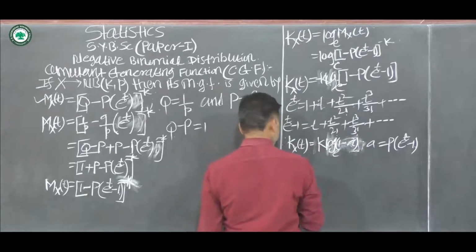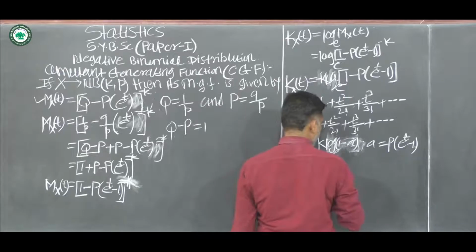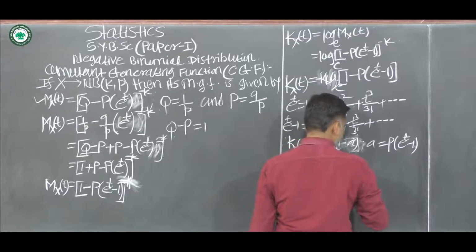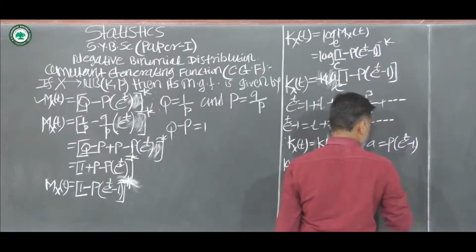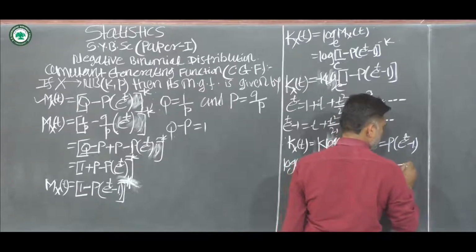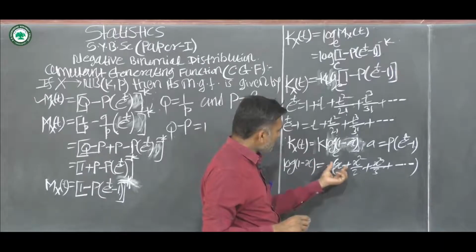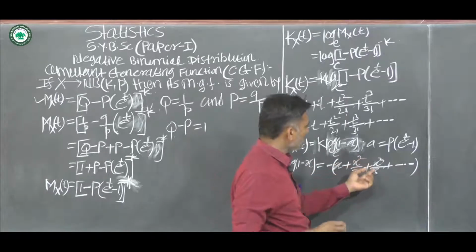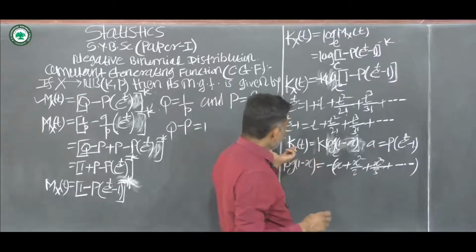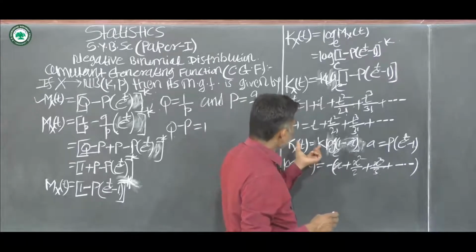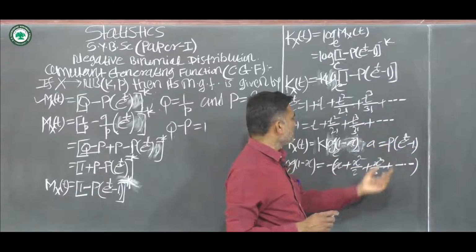Then we know that log of 1 minus x is equal to minus (x plus x square by 2 plus x cube by 3 plus and so on). Now we use this formula in the above K_X(t), minus k into log of 1 minus a, where a is equal to capital P into (e^t minus 1).